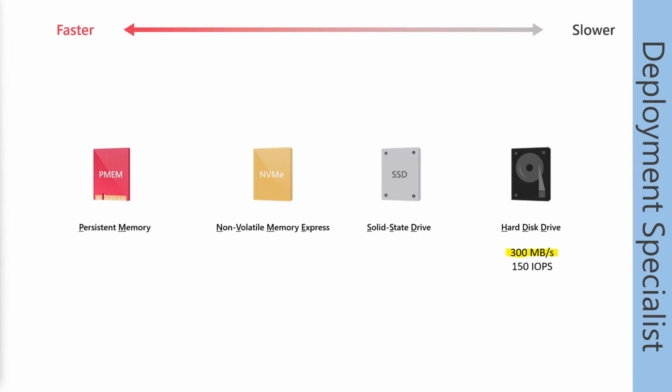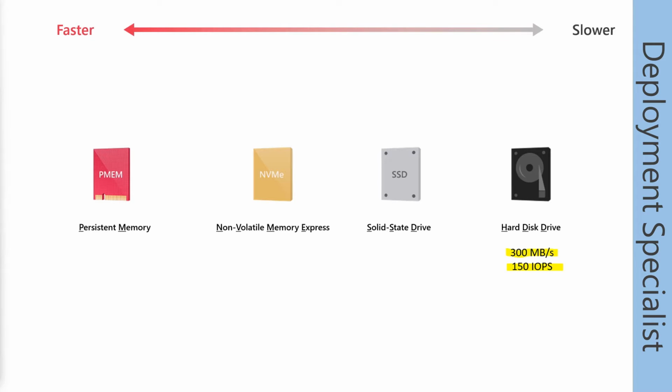If it comes to random I/O, we have 150 IOPS. This can be less than 1 megabyte per second if we have full random 4K block size. So this means a hard disk drive is powerful for sequential workload. It's not so powerful for random workload.